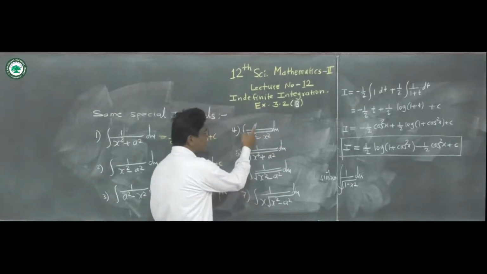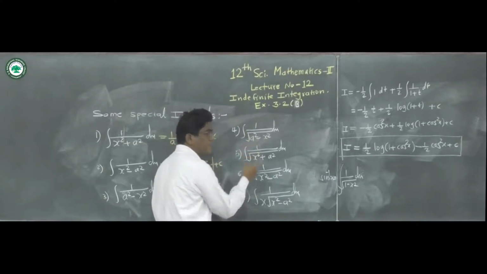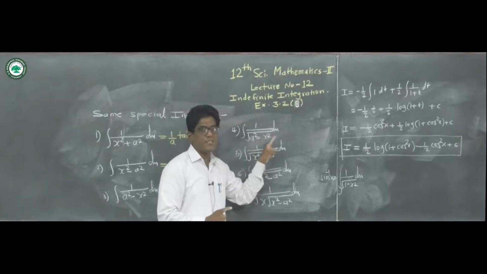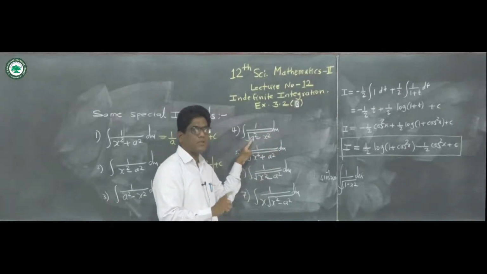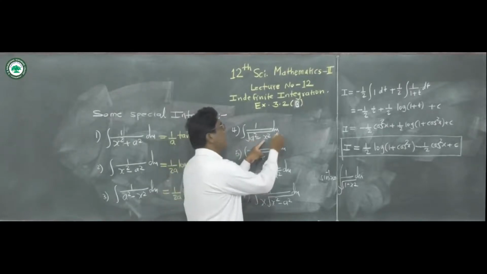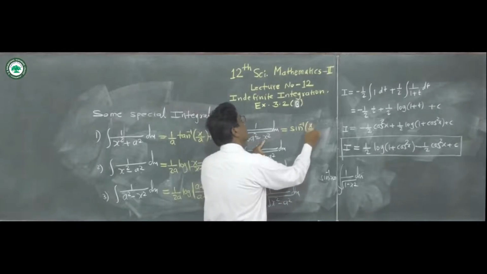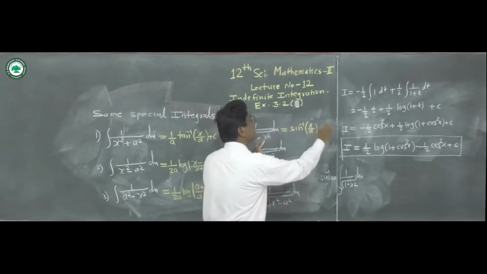So we get the formula like this: integration of 1 upon under root of a square minus x square. Always remember, root of a square minus x square, a means constant. It is equal to sine inverse of x upon a plus constant of integration.